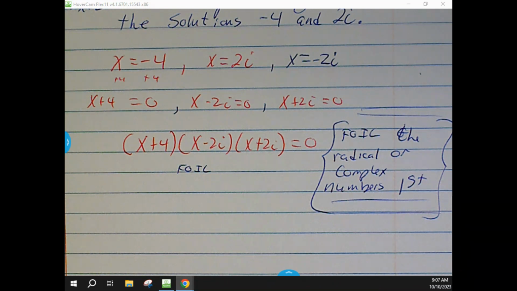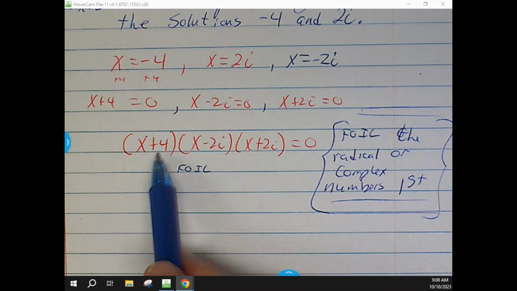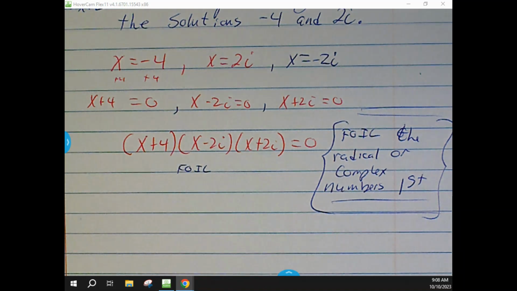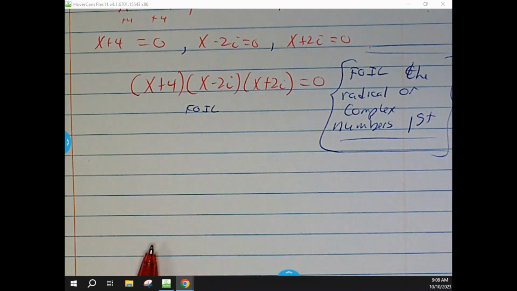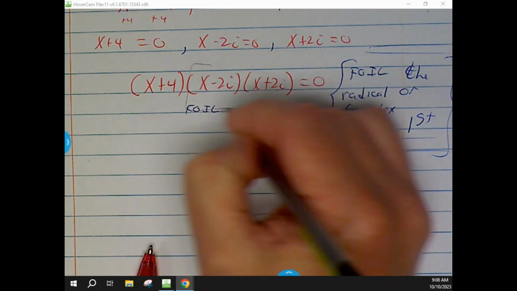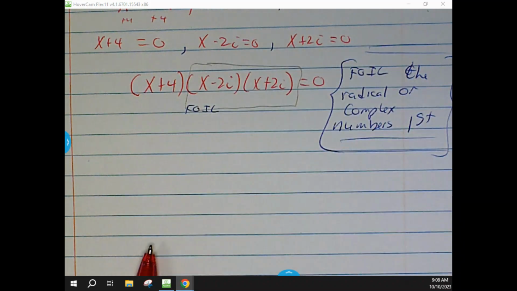You could do the full method with the x plus 4 first, but if you do that, it gets really ugly really quick, with i terms all over the place, a big old nasty mess. So do the full method on these two things first, because it's going to look a whole lot better. Okay, so let's do that.